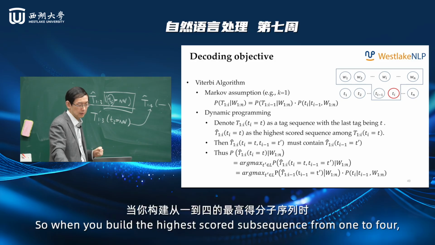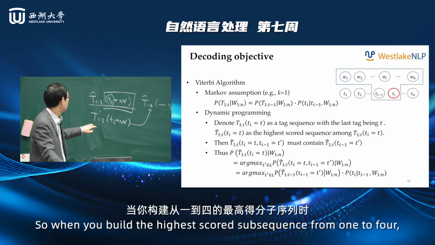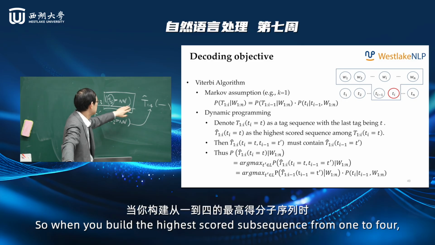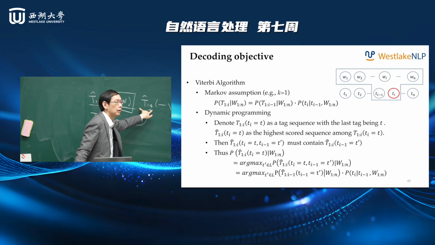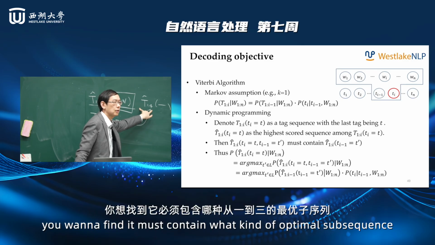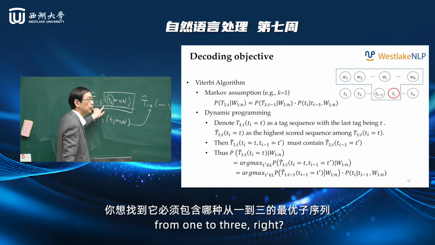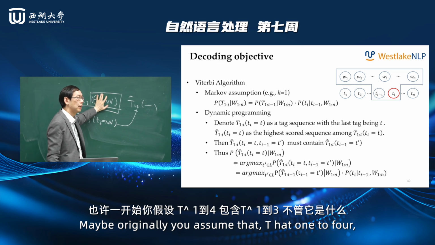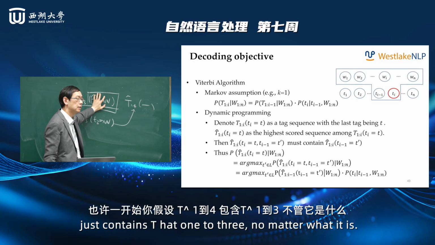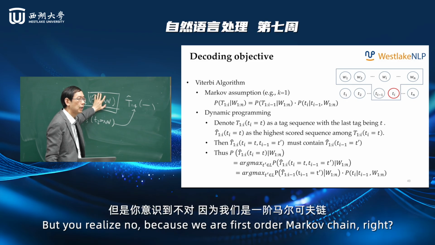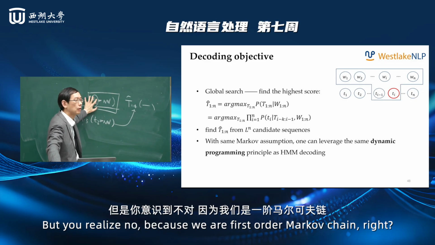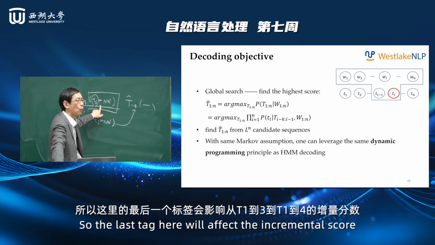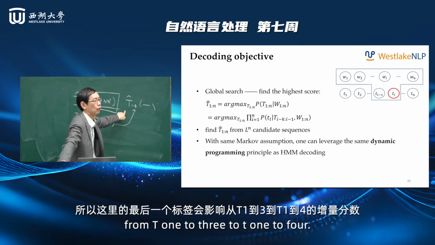So when you build the highest scored subsequence from 1 to 4, it must contain what kind of optimal subsequence from 1 to 3? Maybe originally you assume that t hat 1 to 4 just contains t hat 1 to 3, no matter what it is, but you realize, no, because we are a first order Markov chain, the last tag here will affect the incremental score from t 1 to 3 to t 1 to 4.